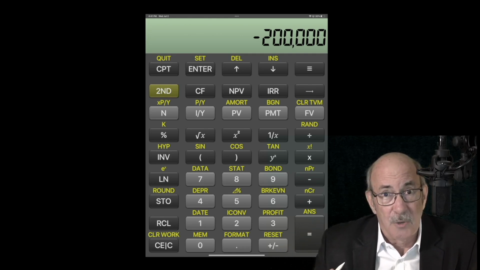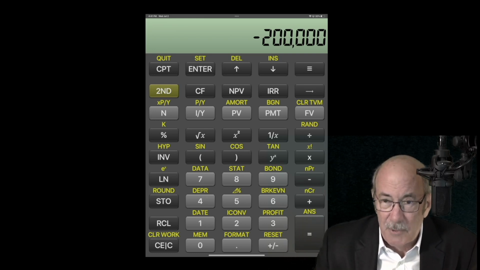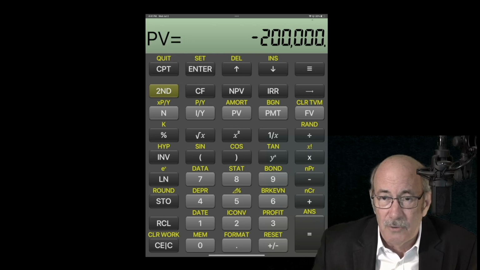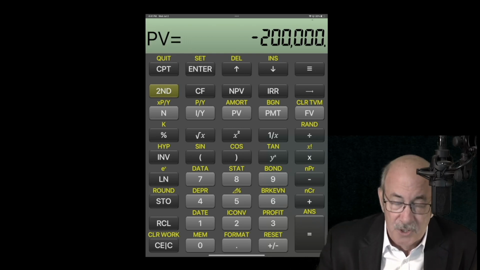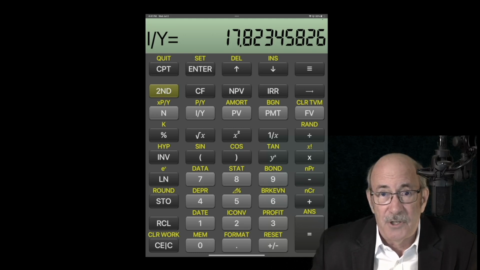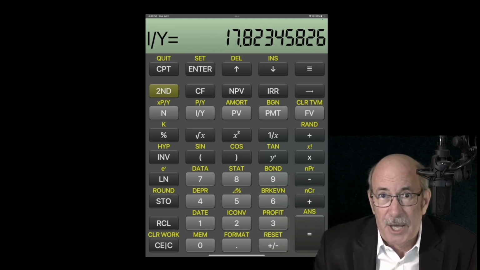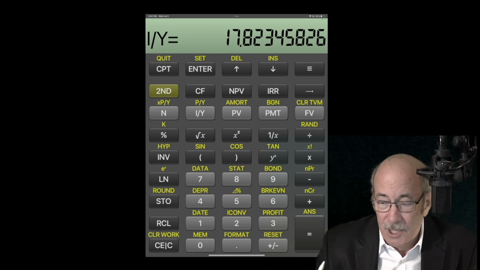The cost of the project needs to be a cash outflow, so that's why this is negative. I'm going to make that my present value. And now, instead of solving for present value, I'm going to solve for I. So I'm going to do CPT and I. And there's my 17.82. So if you were wondering about how to get that rate of return, this is the easy way to do that on the calculator.